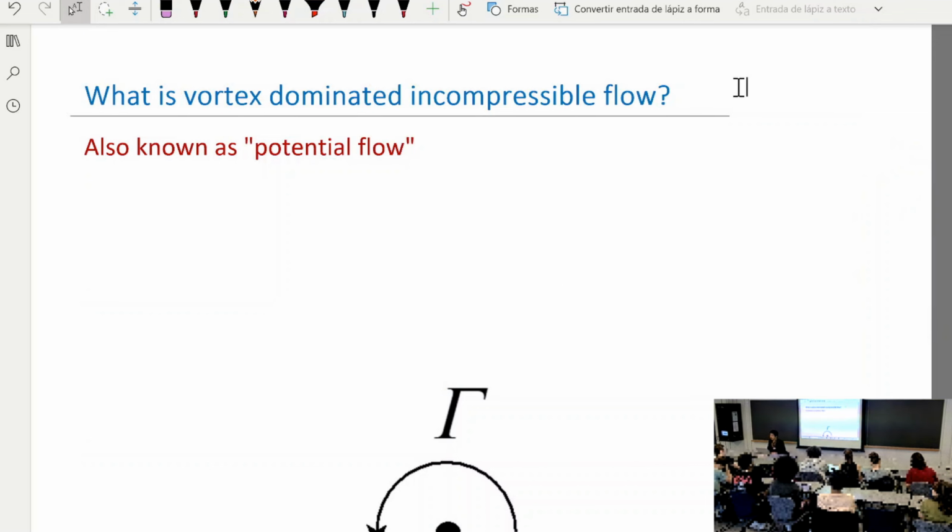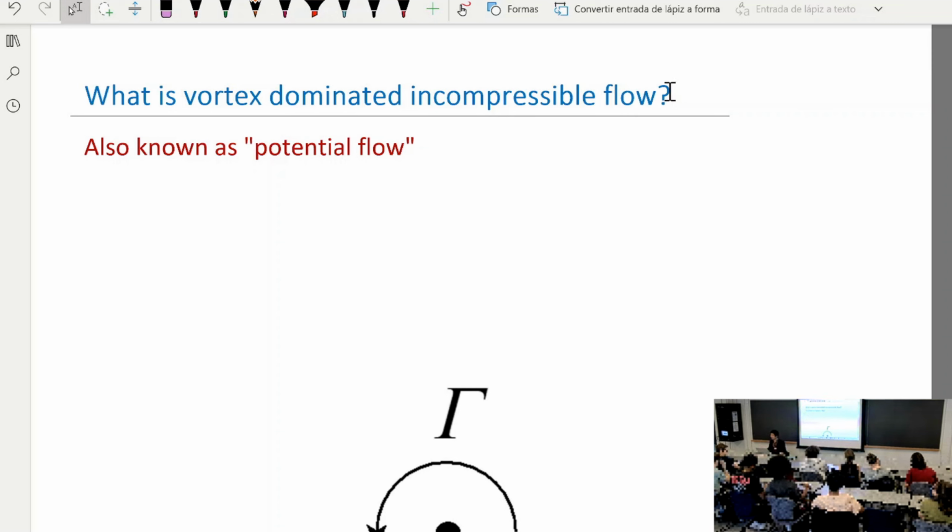But the big question we need to answer for all the lifting line theory-based stuff is why, right? We have assumed a lot of stuff. We have assumed, for example, the wake of the airplane is dominated by these trailing vortices, and the trailing vortices come from the wing, and there is a bound vortex on the wing.